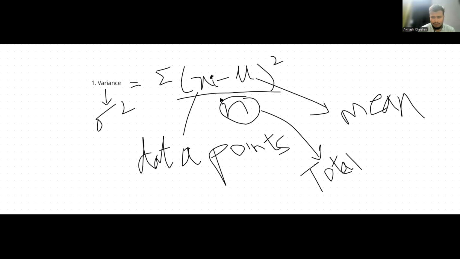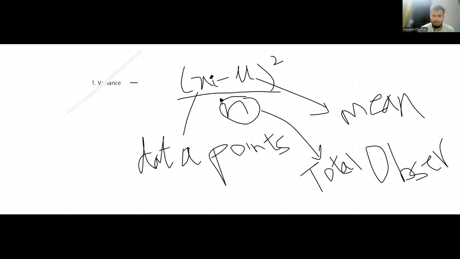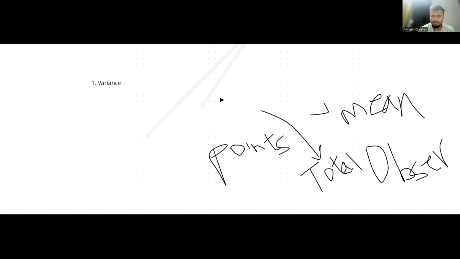So basically this is the formula for variance, which is sigma square: summation of (xi minus mu) whole square divided by n.